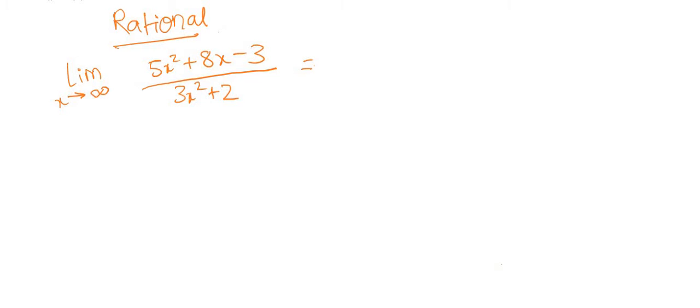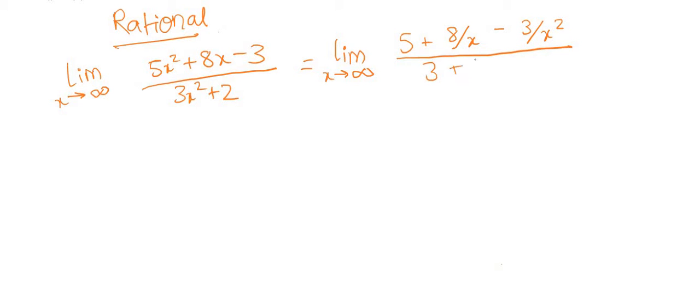Now what you want to do as you proceed with the question is divide the numerator and denominator by the highest degree term, and in this case that is x squared. So let me go ahead and do that. 5x squared divided by x squared is just 5. This will be 8 over x minus 3 over x squared, all over 3 plus 2 over x squared.